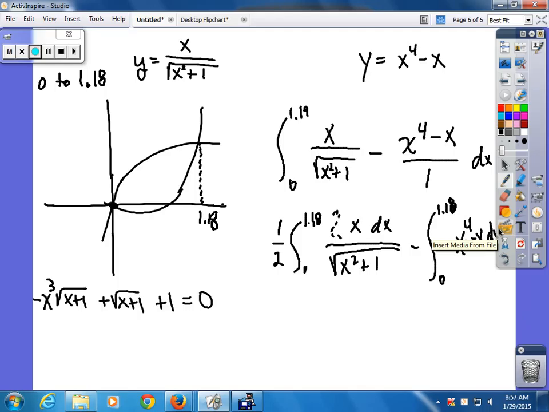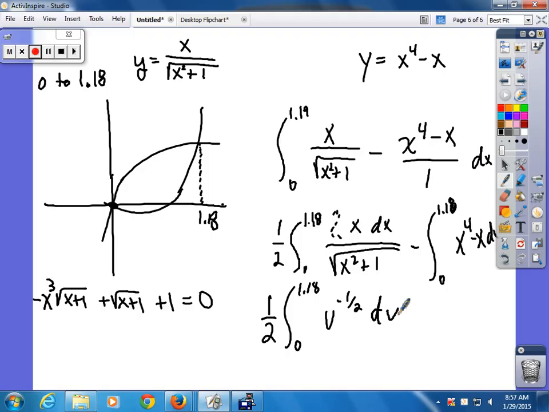So what do we have here? We have du over what? u. This is u to the 1/2. So we can just bring this up and make it u to the negative 1/2 du, right? 1/2 from 0 to 1.18 of u to the negative 1/2 du.